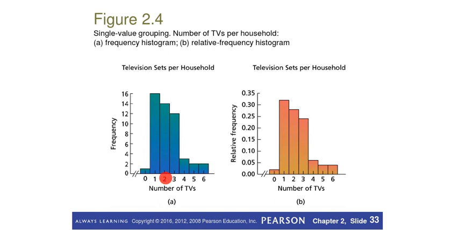And you'll notice that with each of these values along the horizontal axis right here, we're just covering the whole numbers of TVs, right? So these are single value groupings, and the heights correspond to their frequencies. And you'll notice that the heights of the bars do not change if we call that a relative frequency. The only difference is that we're displaying percentages or decimals rather than whole number frequencies.